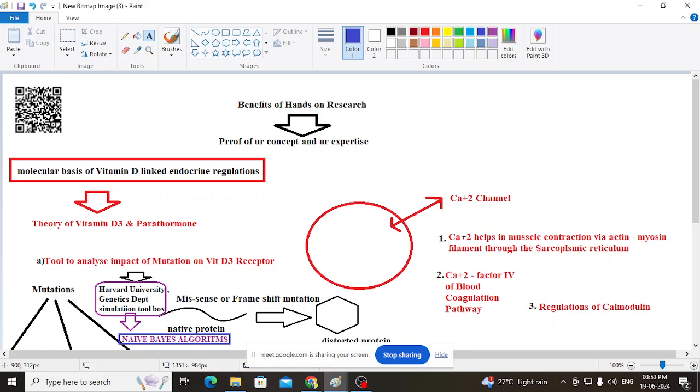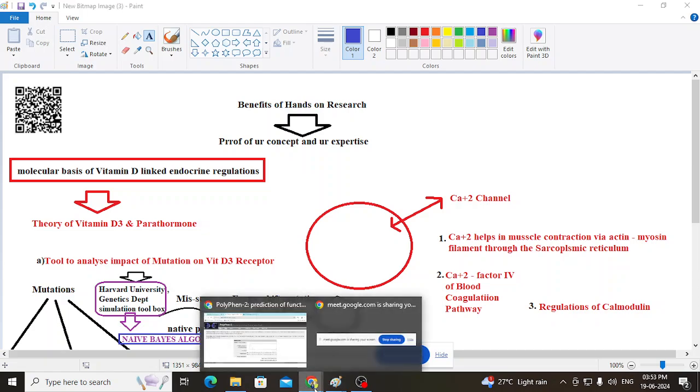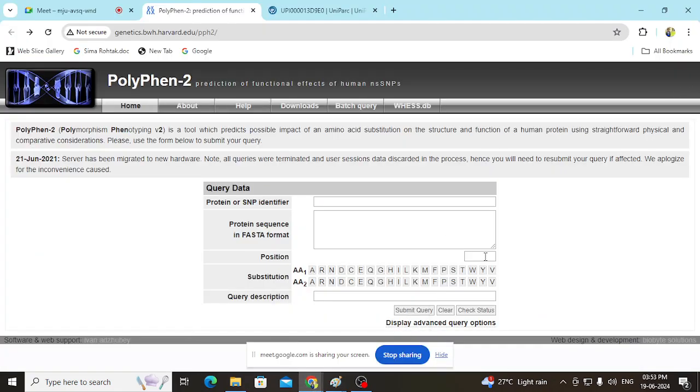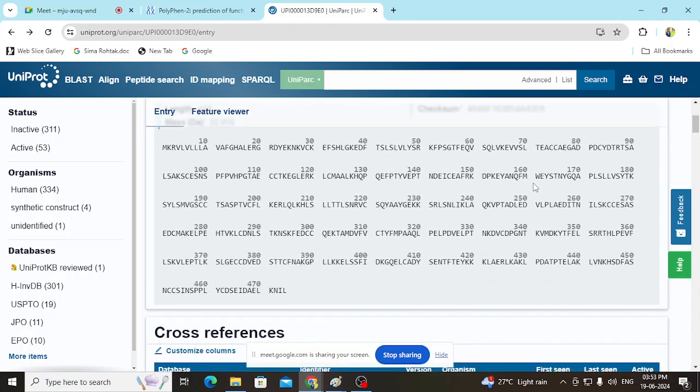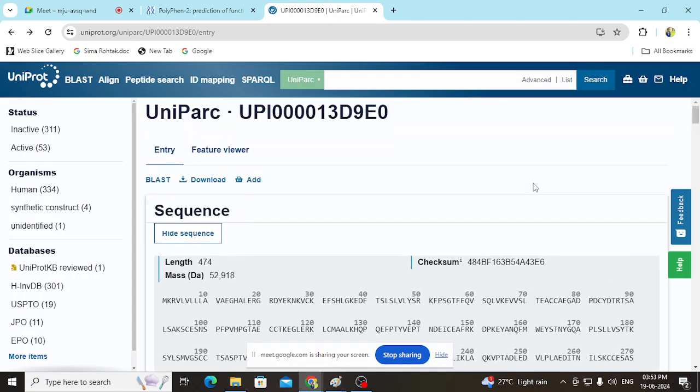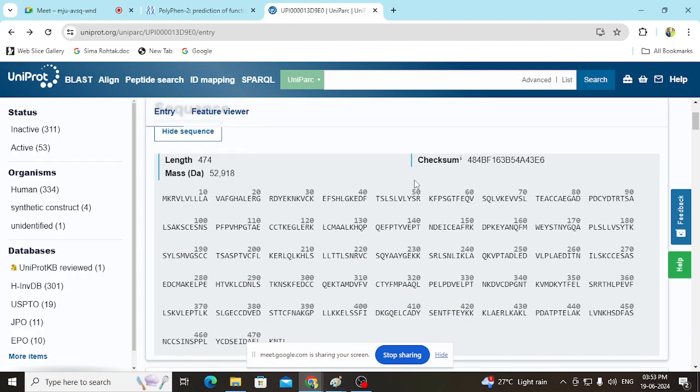Since NCBI is having some trouble, we are working on a different database, which is maintained by Europe. This database gives you the sequence of vitamin D3 receptor for human beings.